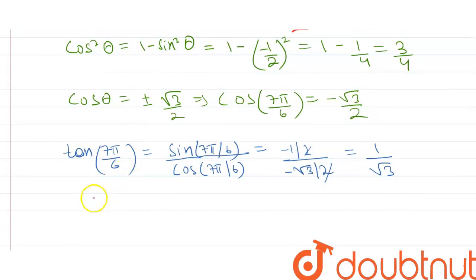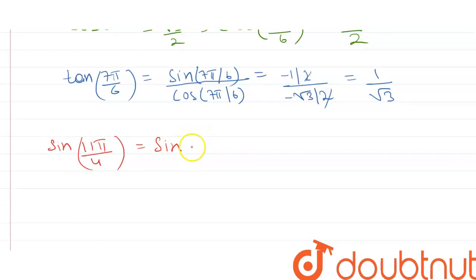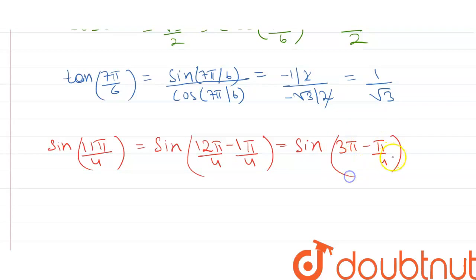So starting with sine 11 pi by 4, we can write it as sine 12 pi minus 1 pi by 4, because 12 minus 1 is 11 pi by 4, sine 3 pi minus pi by 4.